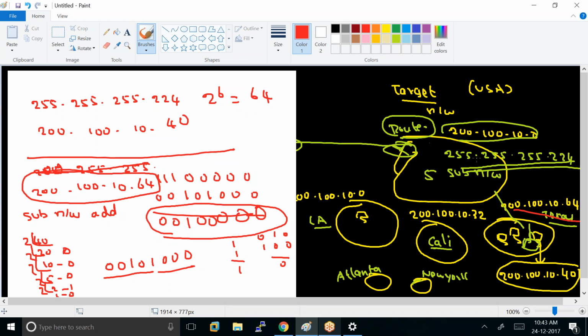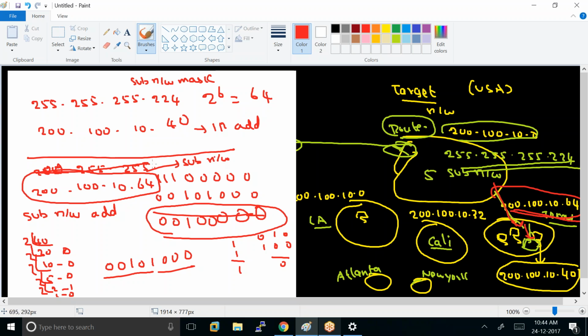Therefore, after computing this, it will forward the packet to the subnetwork. This is the subnetwork address, so the packet will reach the destination at the end. This is the way by which, by applying this subnet mask, that we have computed, and this IP address, the target IP address, we have found out the subnet address.